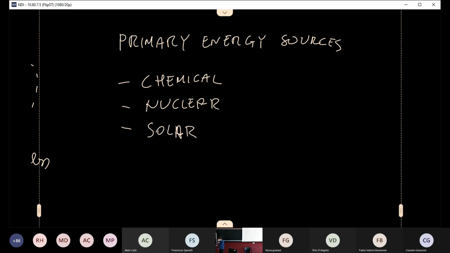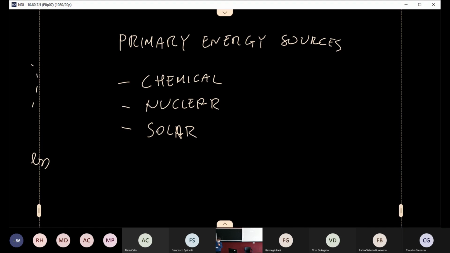The most commonly used is the chemical one, is the energy released by chemical reactions. So it's some energy that is within the chemical bonds and that can be released. So it can be considered as a primary energy source and can be available on board, but of course in a limited quantity. And the same is true also for nuclear energy.